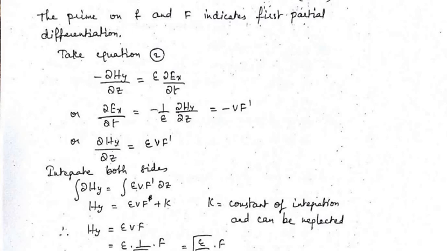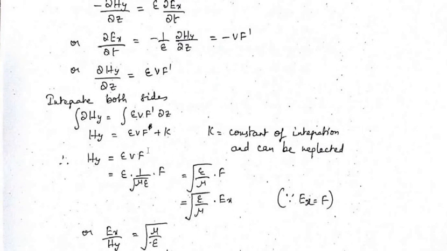Dou Hy by dou z is equal to epsilon v into f dash. Now take this equation and integrate on both sides. Take this dou z also to this side. Now integrate, we get Hy is equal to epsilon v f plus k. Here k is the constant of integration which can be neglected. So Hy is equal to epsilon v into f.